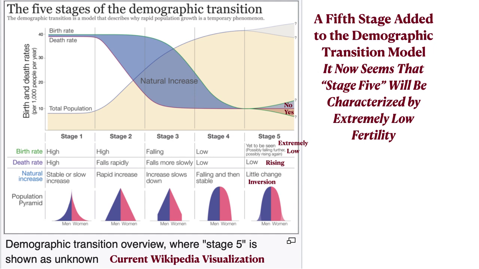It would be characterized by extremely low birth rates in many countries, below 1 child per woman in some cases. The death rate, I would note, would be rising, because you're going to get a rapidly aging population. So with rapidly aging populations, you're going to have much larger cohorts of elderly people, so the death rate will rise.